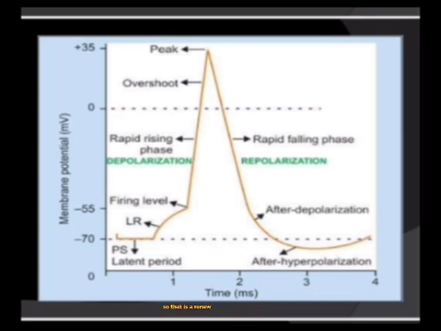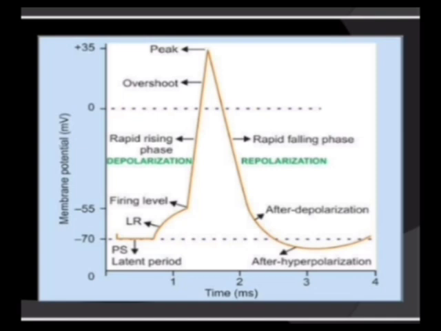So there is a return of the polarity of the cell, the initial resting membrane potential. Names have meaning. Repolarization: return of polarity of the cell, where the interior of the cell becomes electronegative and the exterior becomes electropositive.